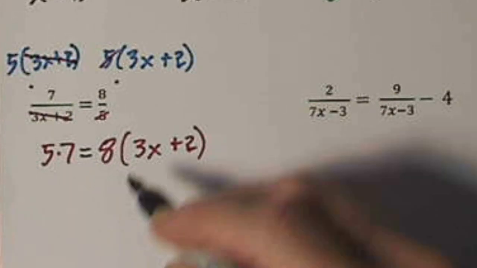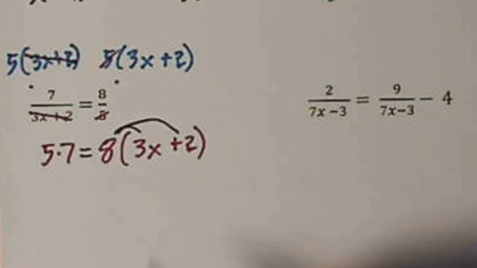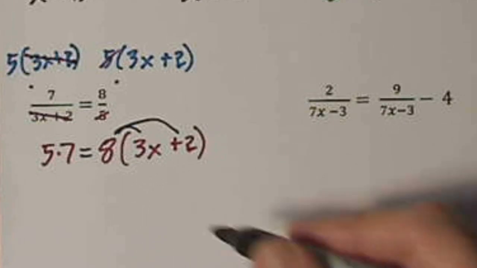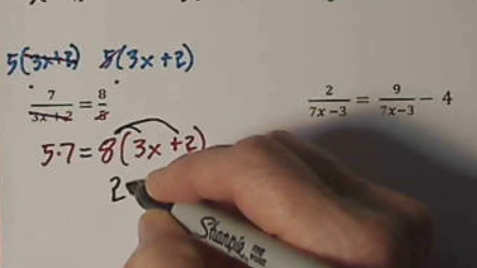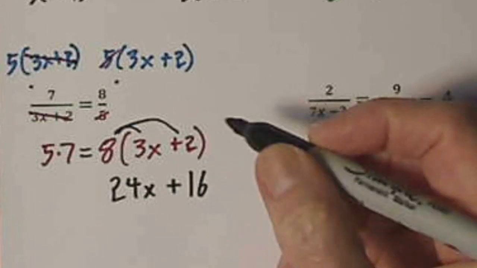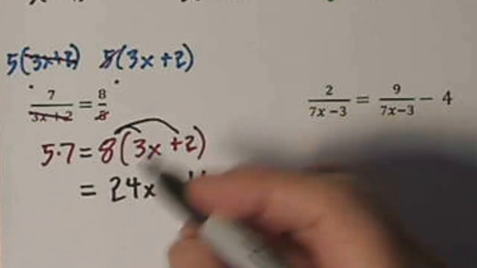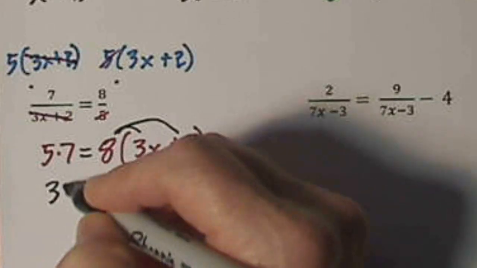But that's not the case. So I need to send in my 8 and work at getting x all by itself. So this gives us 24x plus 16. I think I will go ahead and multiply them now. So there's our 35.